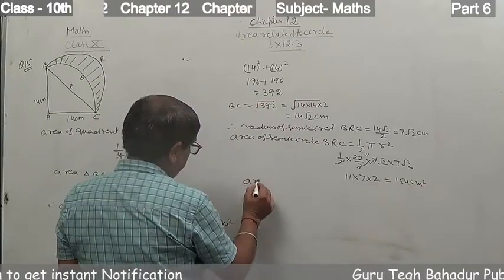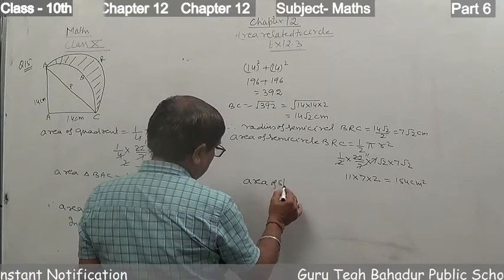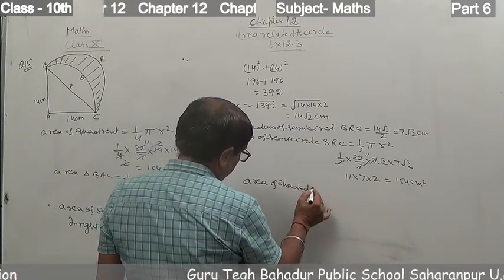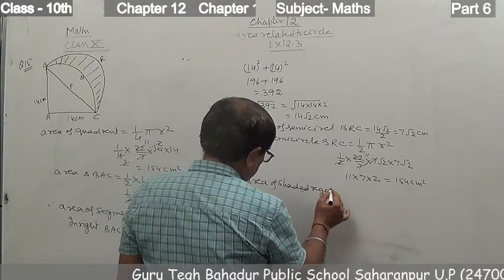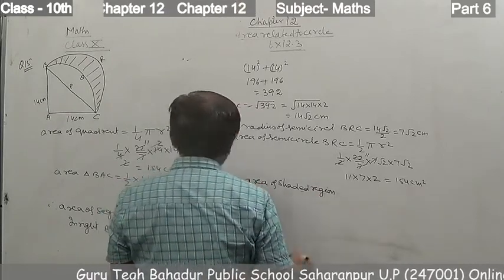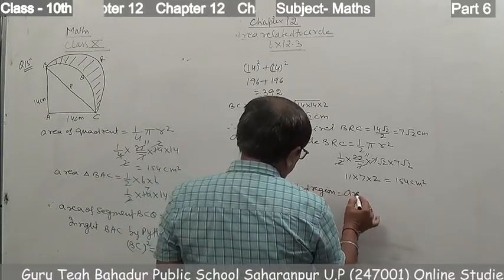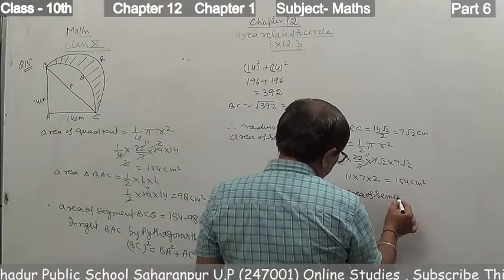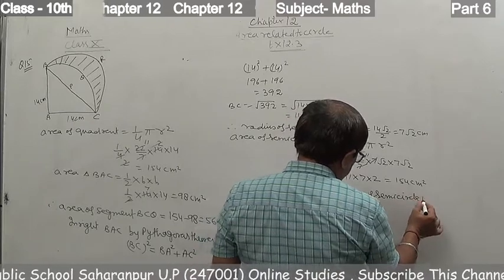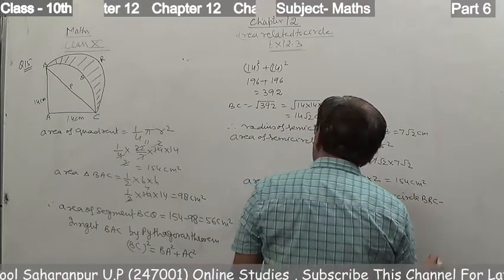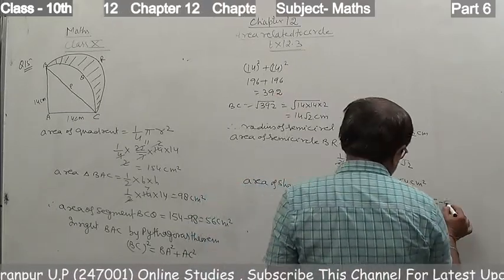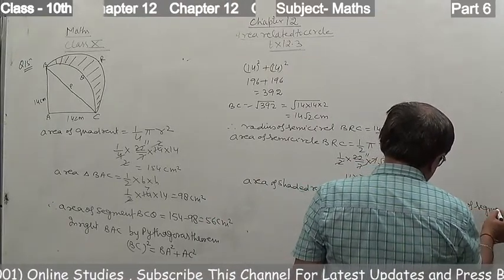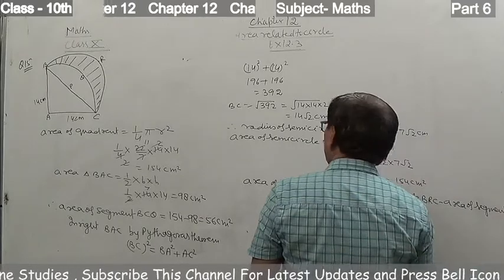Area of shaded region is area of semicircle BRC minus area of segment BQC.